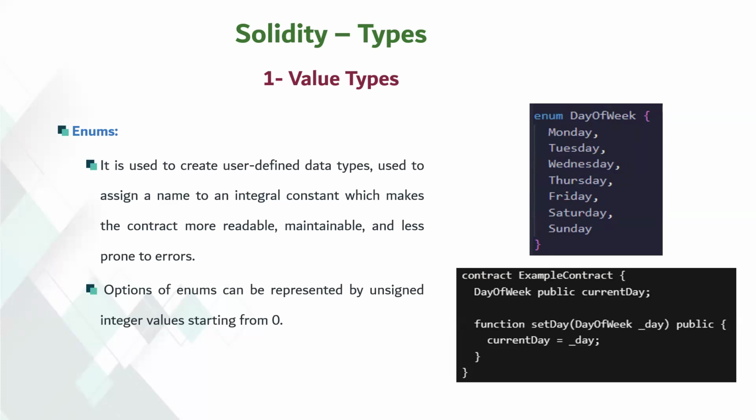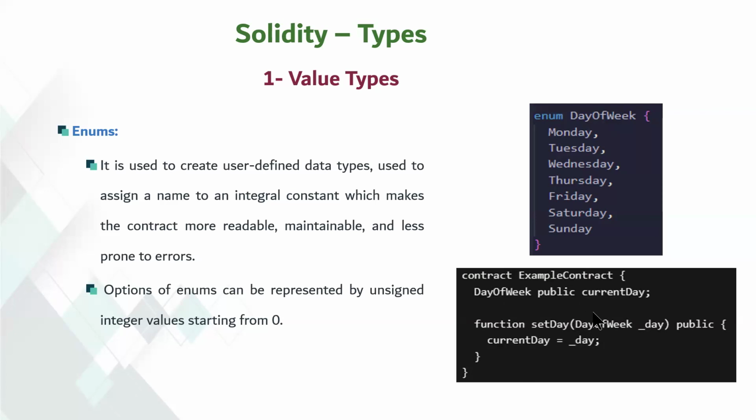Enums can be used to declare variables and function parameters, allowing us to work with these named options. For example, here in ExampleContract, we have a public variable, currentDay.